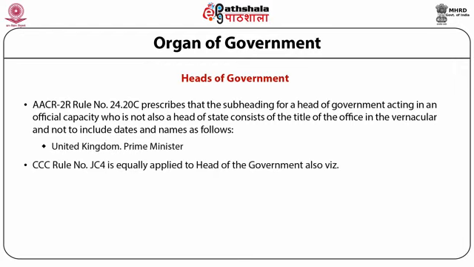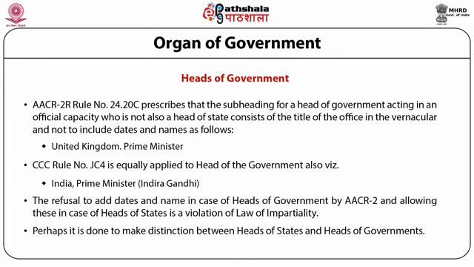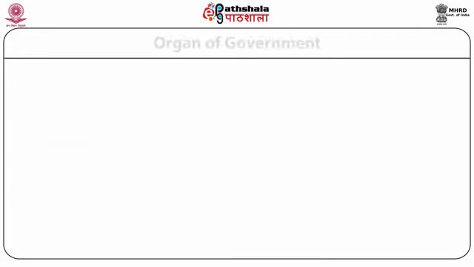CCC rule number JC4 is equally applied to the head of the government also. For example, India, Prime Minister (Indira Gandhi). The refusal to add dates and name in case of heads of government by AACR2 and allowing these in case of heads of states is a violation of the law of impartiality. Perhaps it is done to make a distinction between heads of the states and heads of the governments.